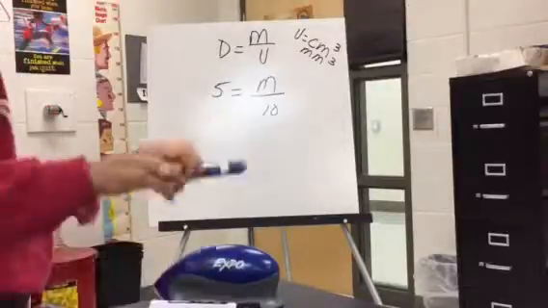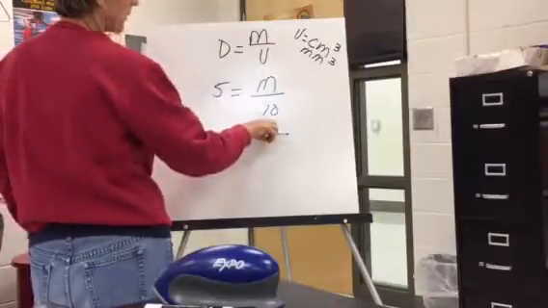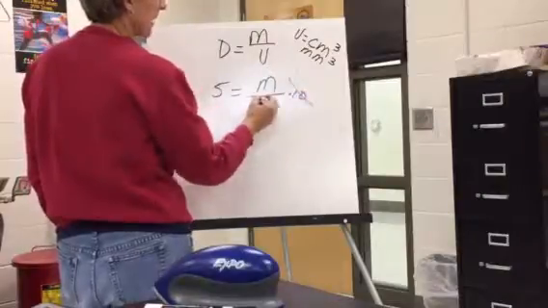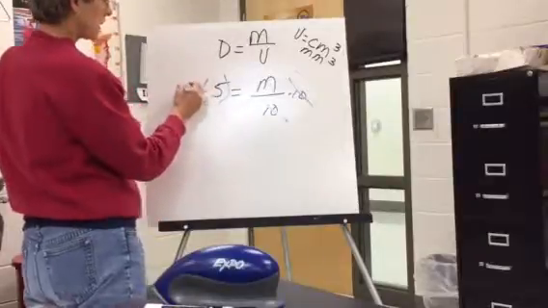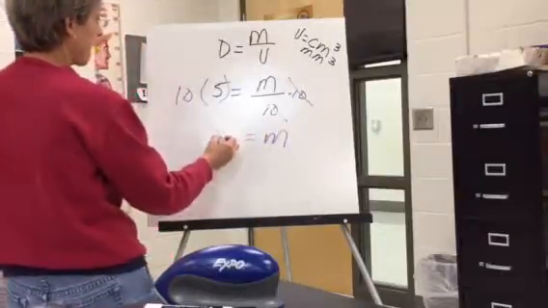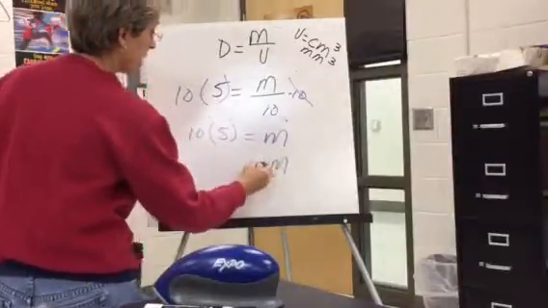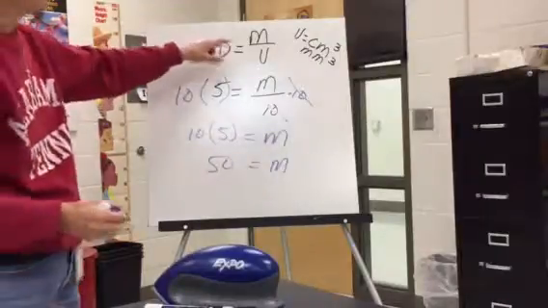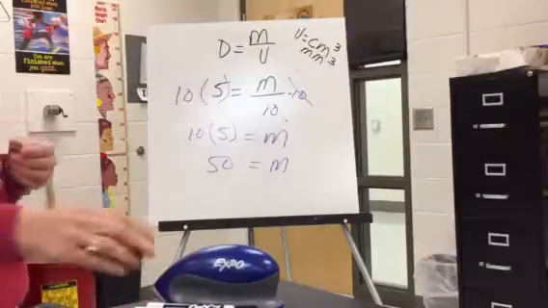To isolate the mass, if we divide here, to cancel it out we have to multiply by 10. These cancel out. Whatever I do over here, I have to do over here. And so now I have something that looks like this, and M equals 50. I think you can do it the other way if you know mass and volume. I don't think I need to show you that problem. That doesn't seem to be giving you any problems.